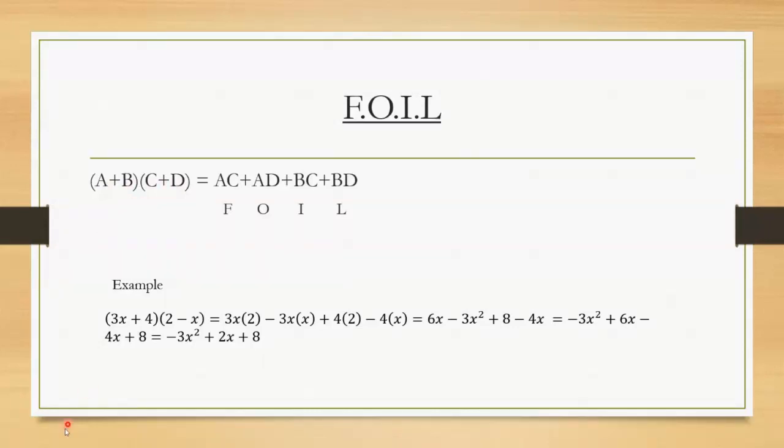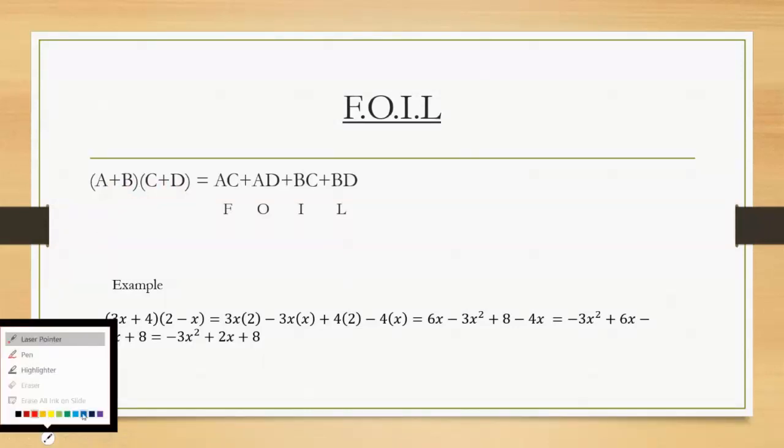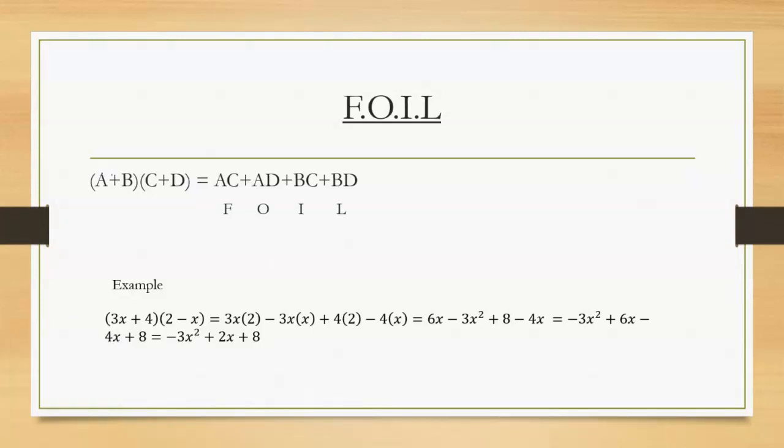The first term, actually, let me use a different color though. Okay. The first terms, that's A and C, that's first. A and D, the outer terms, on the outside.